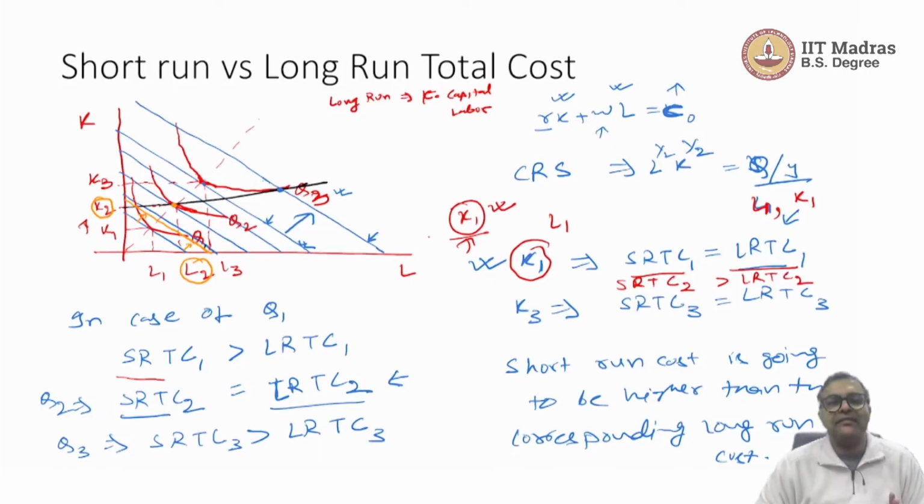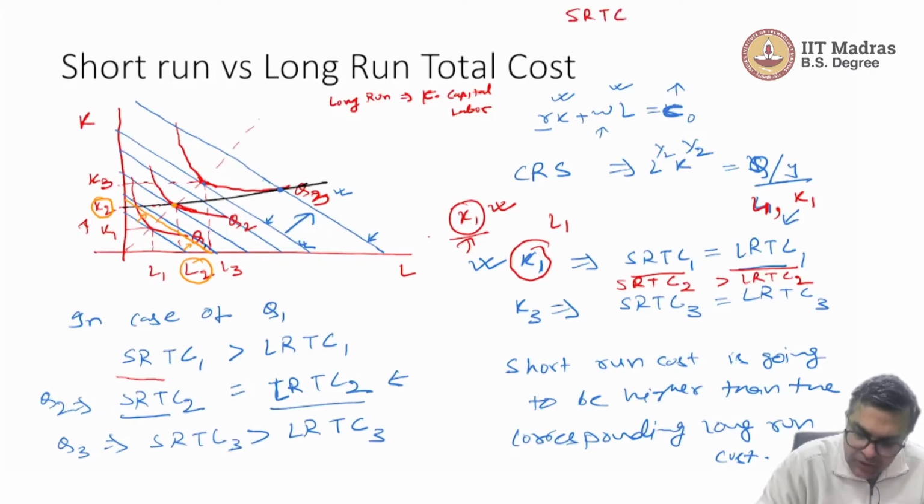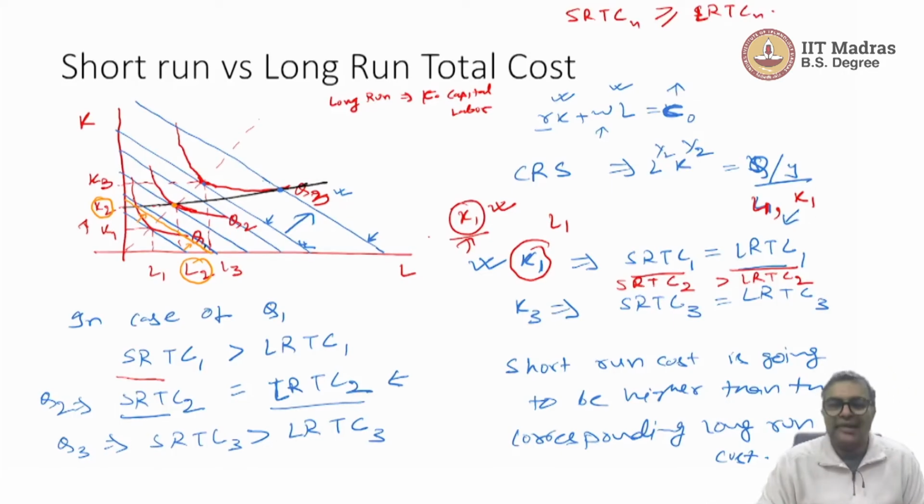This logic is valid everywhere, and that is why you are getting different cost structures. So what we have figured out is that short run total cost at level N is either equal to or greater than the corresponding long run total cost. That is what we have learned.